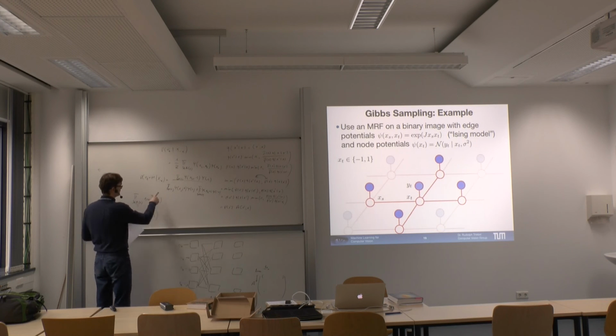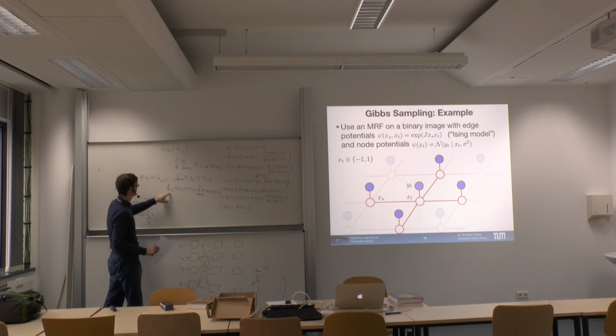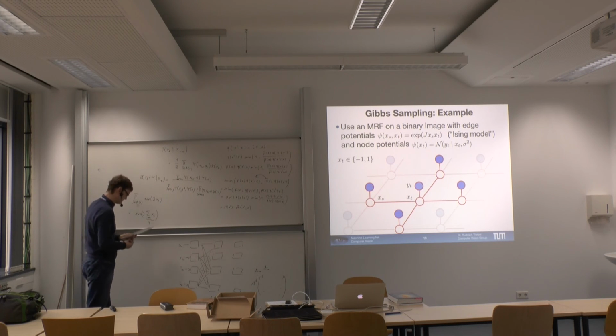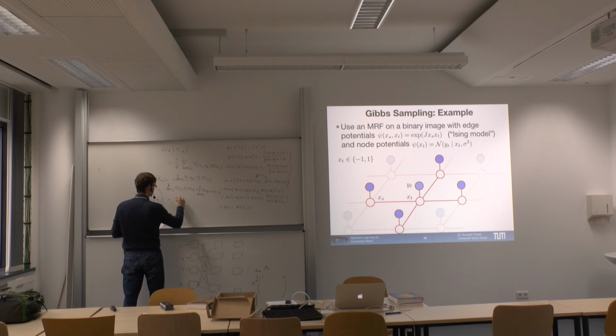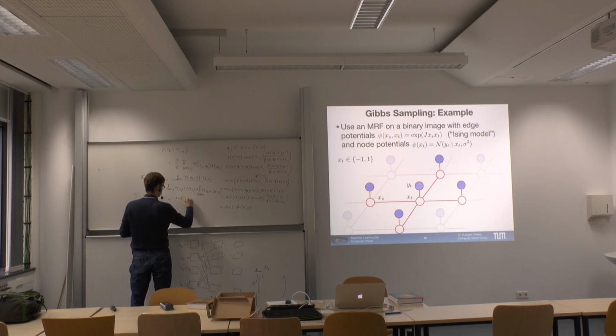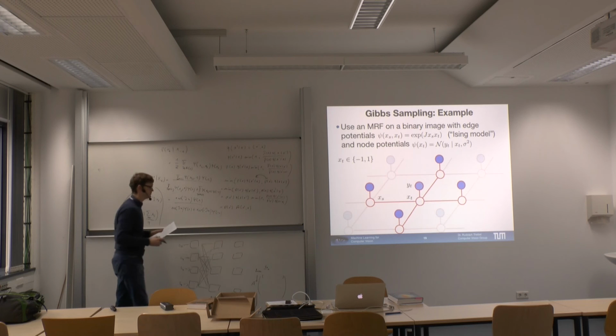You can now plug this in here and here and here. Instead of this product, you always write it with this exponential. That means this product is nothing else than exponential of j eta times our local evidence, divided by exponential of j eta times local evidence plus exponential of minus j eta times local evidence of -1.